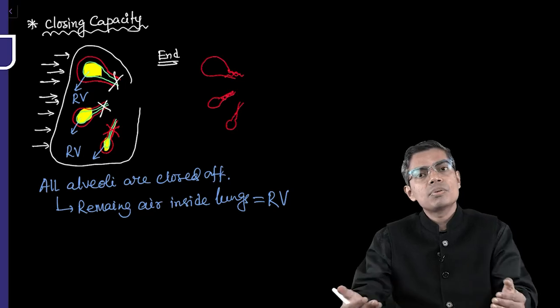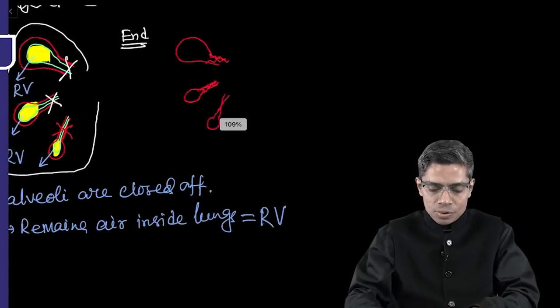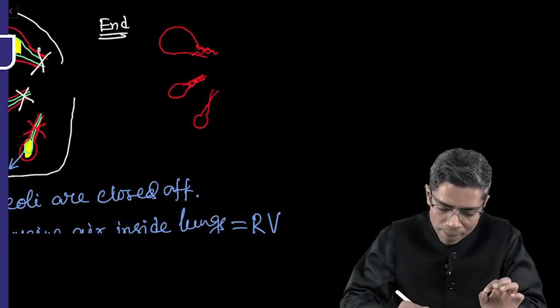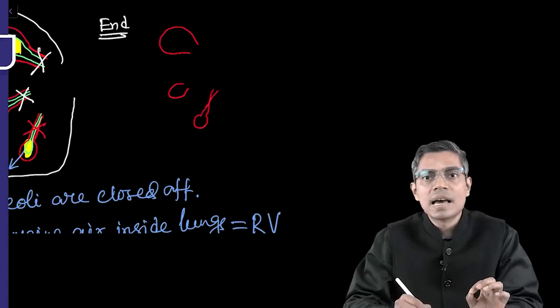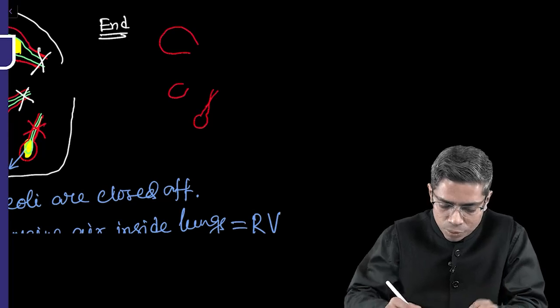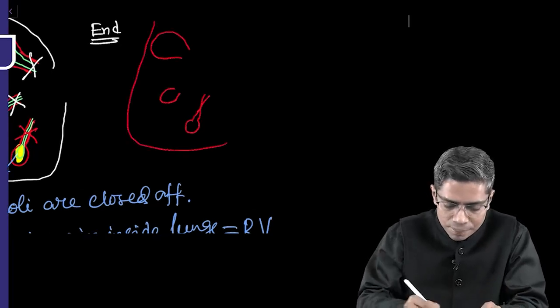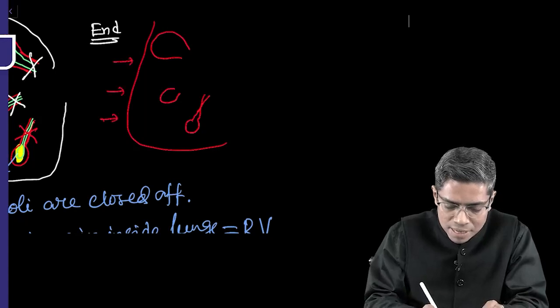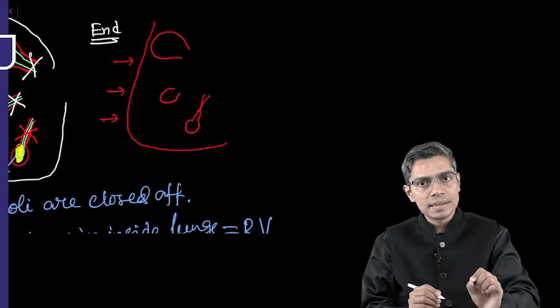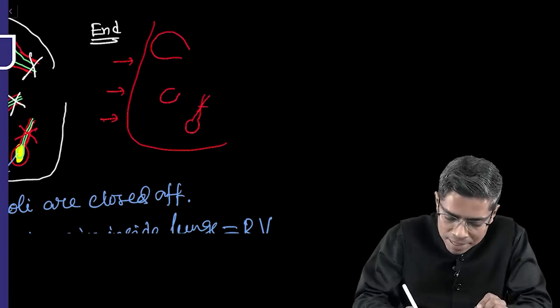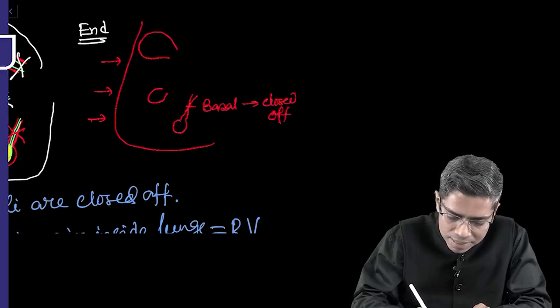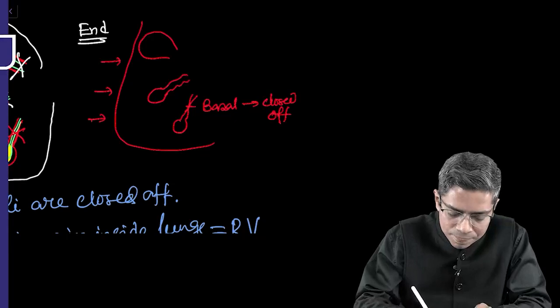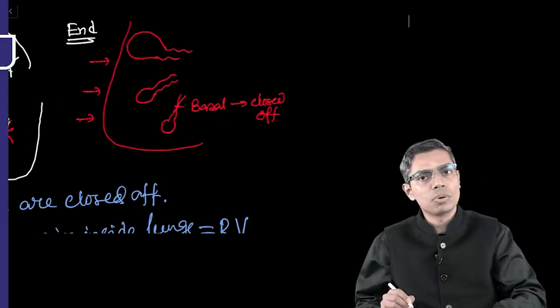Now, what is closing capacity then? I told you that closing of alveoli starts at which level? The basal part of the alveoli, they are closed off first. So I can imagine a scenario that if I do a forceful expiration, one condition will arise where the basal alveoli are closed off, but middle part alveoli are still open and apical alveoli are also open.